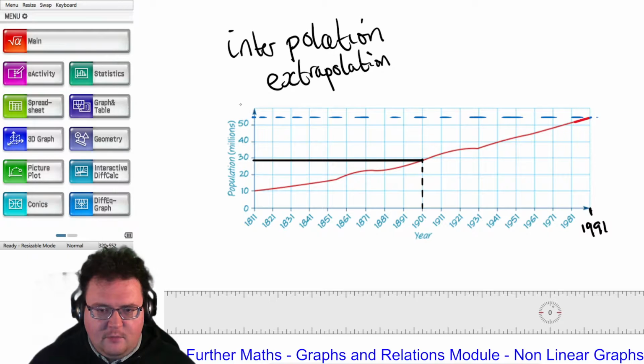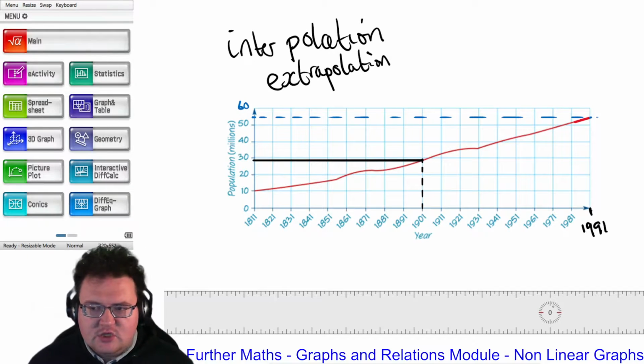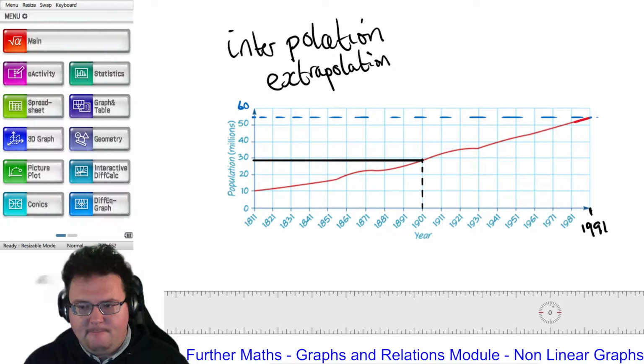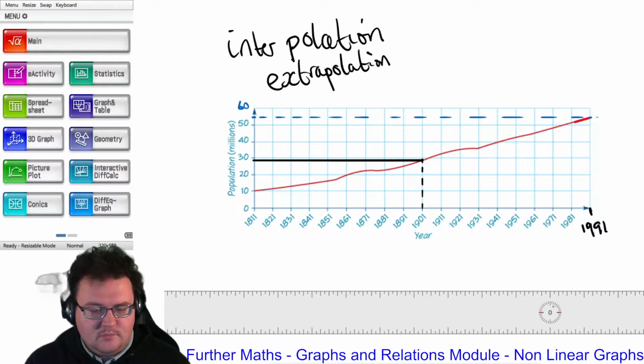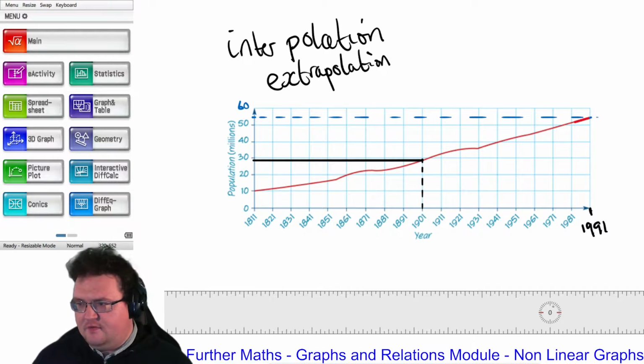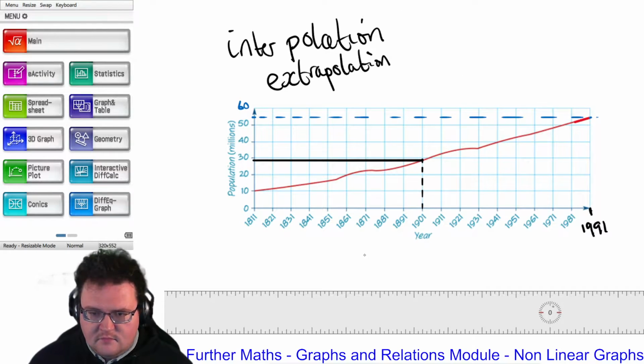Therefore, this next one up would be 60 million. So what's the population going to approximately be in 1991? Yeah, it's going to be about 55. So the 1991 population.